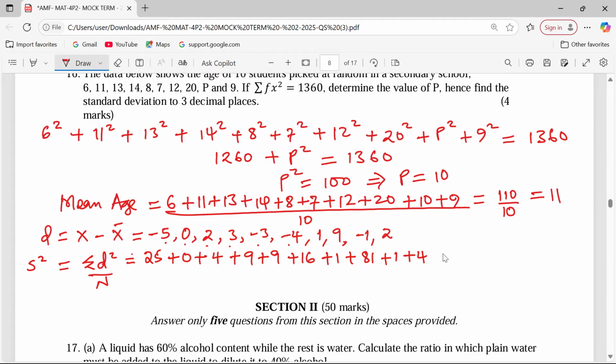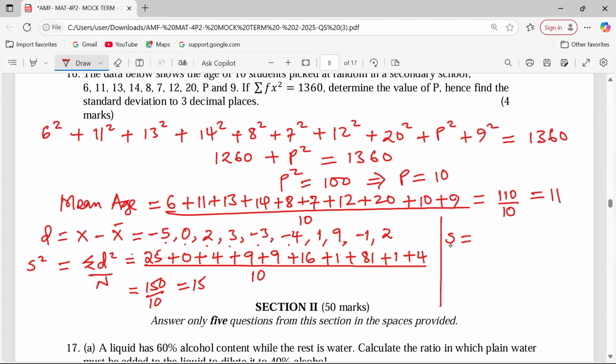So when I add up, I'm getting 150. Then I have to divide all that by 10. So I'm getting 150 over 10, which is 15. Now, 15 is the variance.